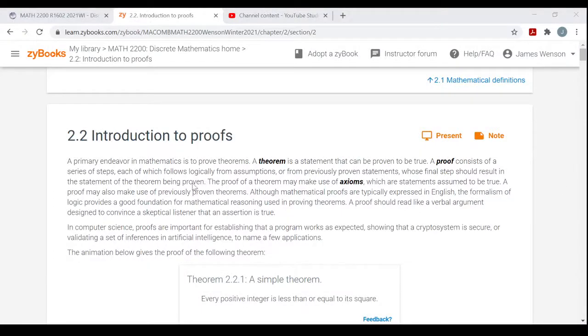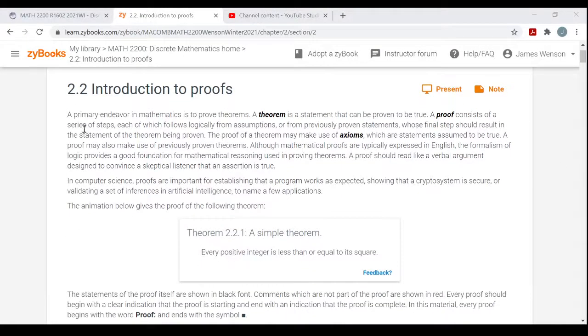Okay, so again, I'll read the opening to you. A primary endeavor in mathematics is to prove theorems. A theorem is a statement that can be proven to be true. A proof consists of a series of steps, each of which follows logically from assumptions or from previously proven statements.